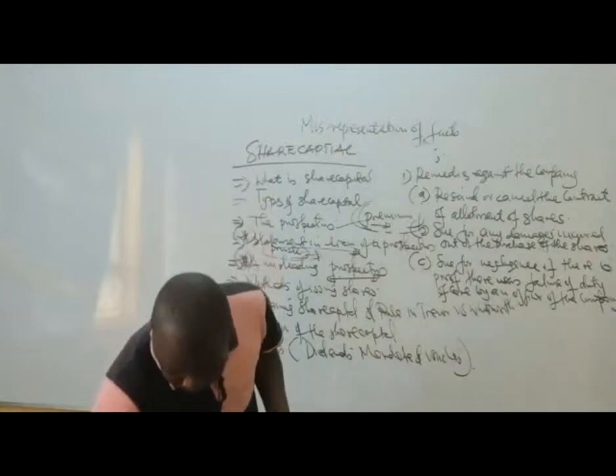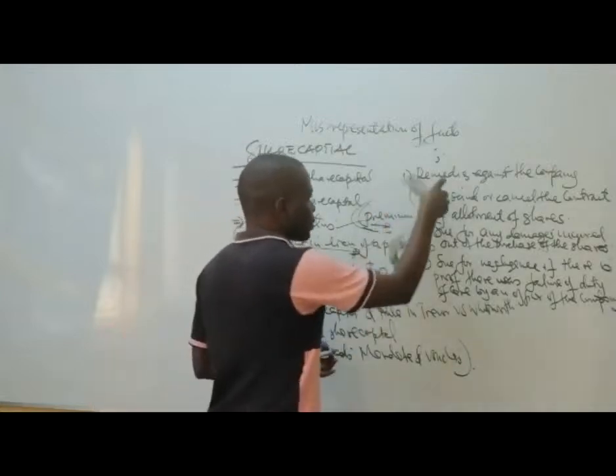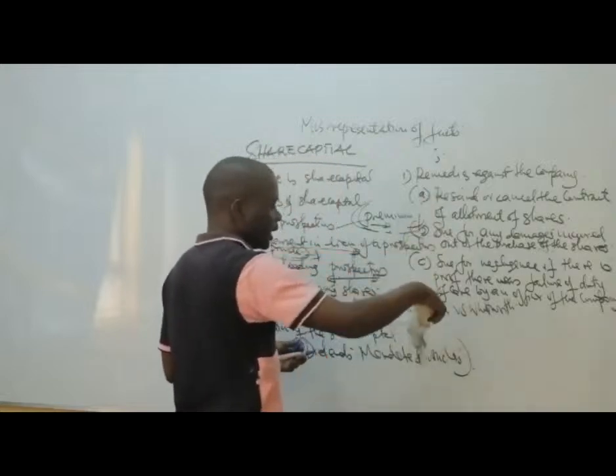Then number 2, so this was part 1. These are remedies you can take against the company.